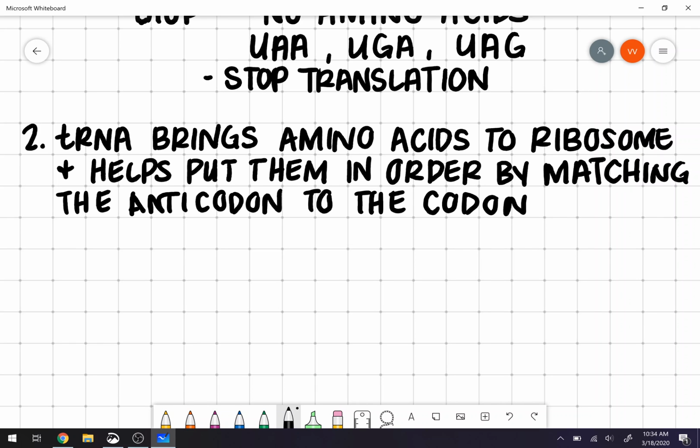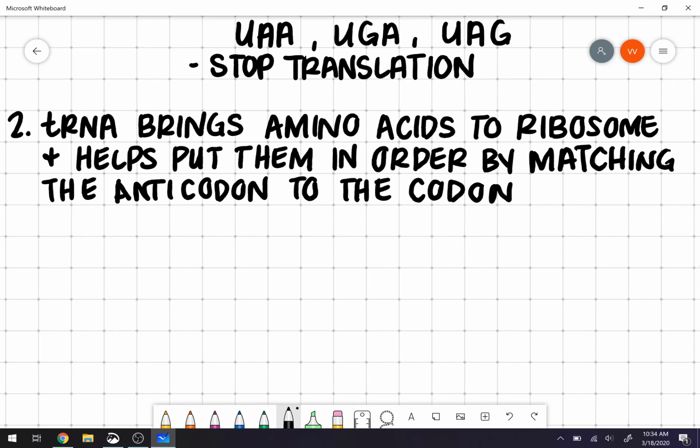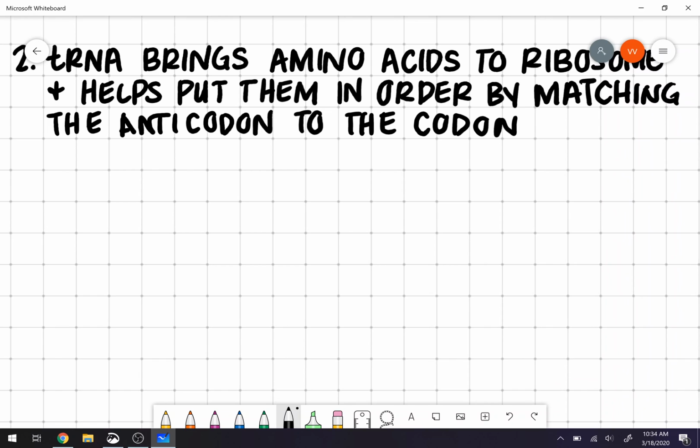Okay, so what in the heck does this mean? Right, so here's what this looks like. Here is your ribosome, let's pretend. Okay.